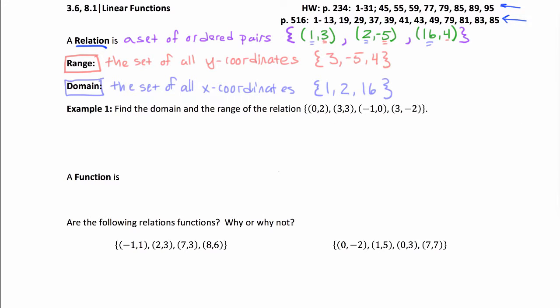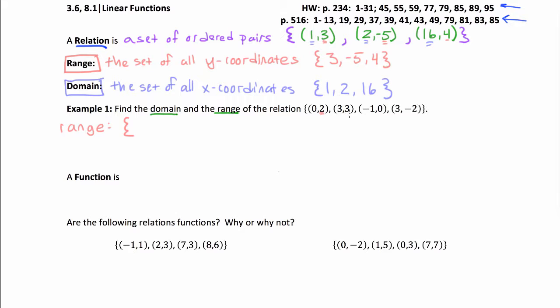So here is the first example we're going to look at, and this is pretty straightforward. It just says find the domain and the range of this relation. So here's a relation. I've got a set of ordered pairs. I'm going to start by finding the range. So for my range, it's going to be the set of all the y coordinates. And remember, sets don't have repeated elements.